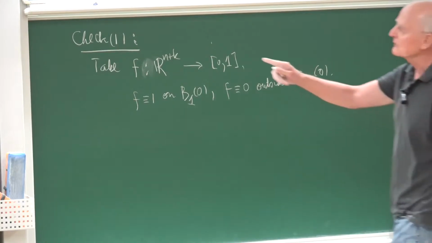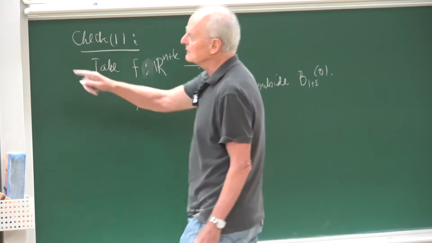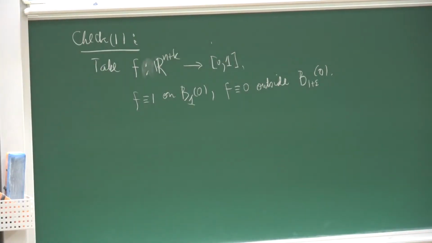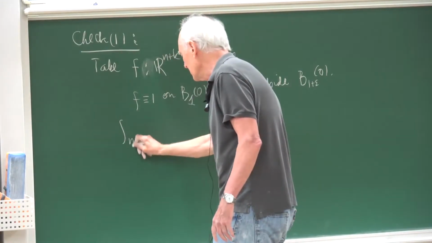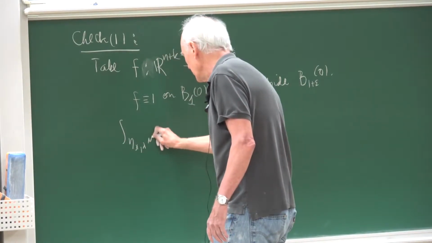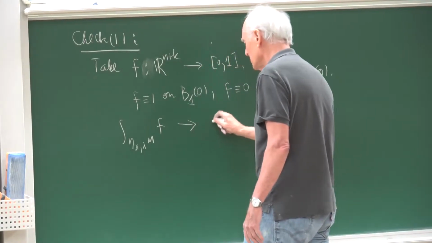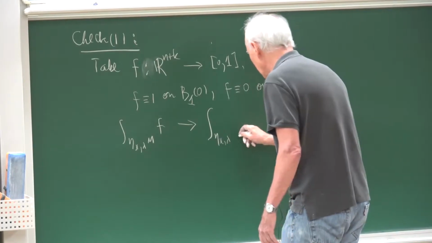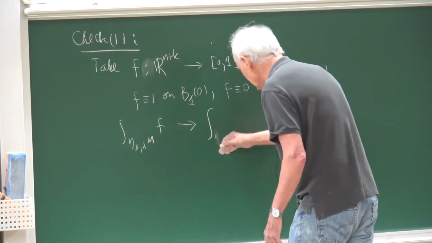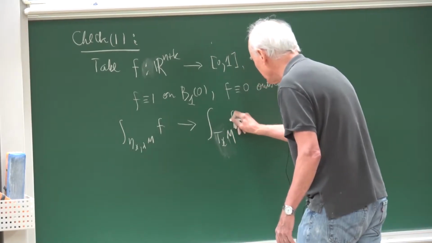And then you see what this gives you. Well, we know that we're given this tends to that, so the integral of f against the rescaled measure tends, by definition of the tangent space, to this.